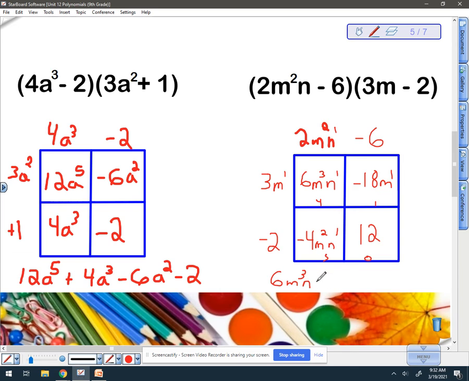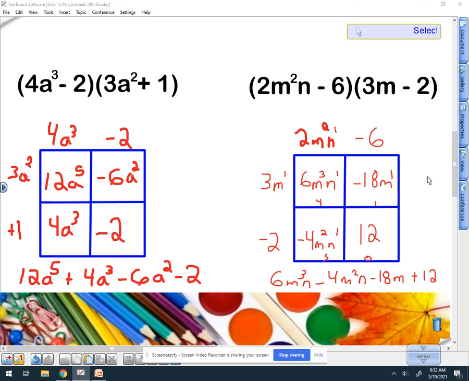This one's 3, so then minus 4, m to the second, n to the first, so that's just n. That has a 1, 1 for the degree, so minus 18, m to the first, so it's just m, and then lastly, plus 12. Then we check and see, is there anything I can combine, any like terms? Nope, so it's done. That's it.